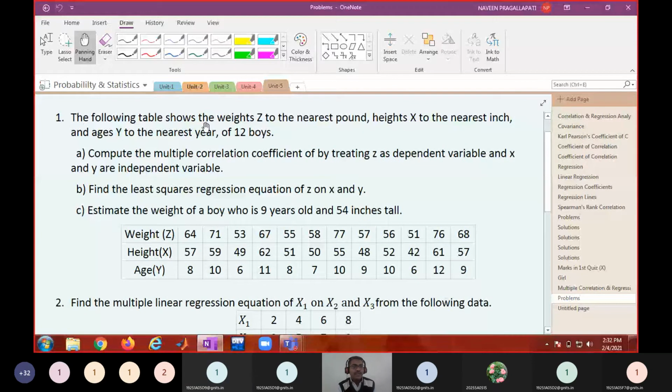The following table shows the weights z to the nearest pound, heights x to the nearest inch, and ages y to the nearest year. So what are the three variables? Weight, height, age. Compute the multiple correlation coefficient of the data by treating z as the dependent variable and x and y as independent variables.